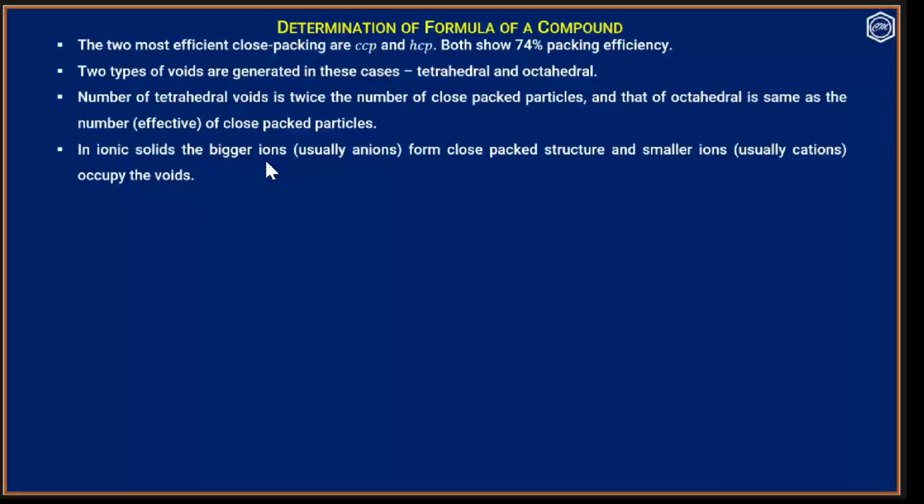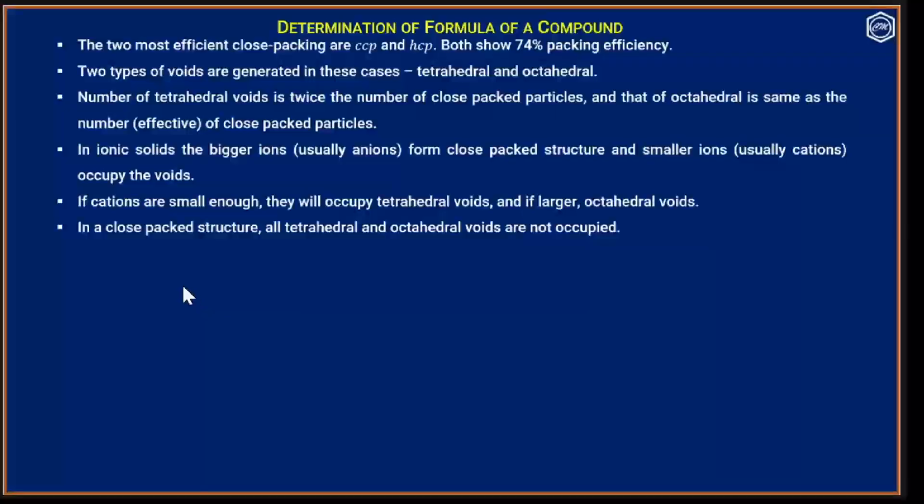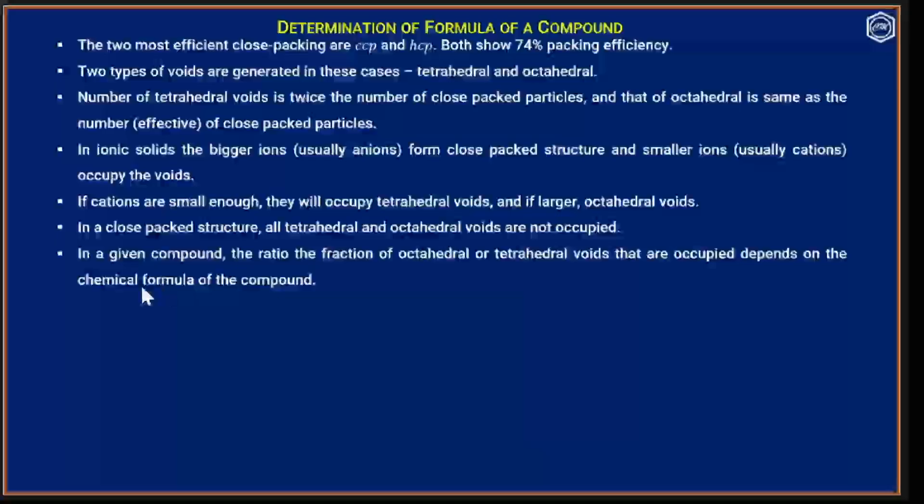In ionic solids, the bigger ions, usually anions, form the close packed structure, and the smaller ions, usually cations, occupy the voids. If cations are small enough, they will occupy tetrahedral voids, and if larger, octahedral voids. In a close packed structure, all tetrahedral and octahedral voids are not occupied.